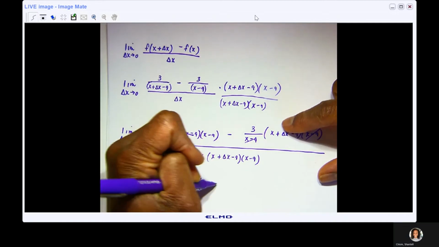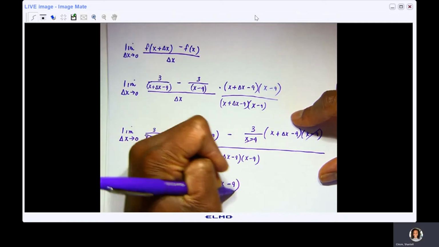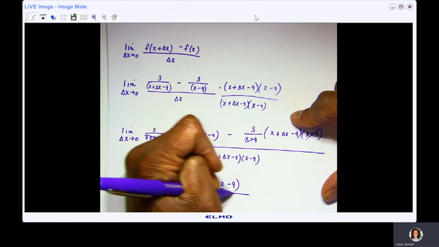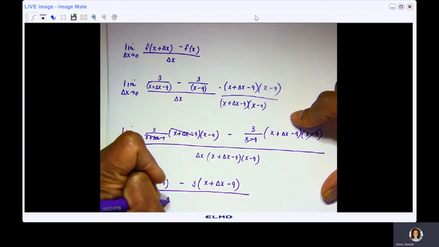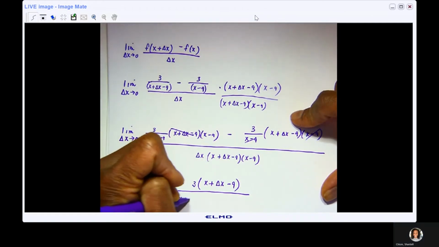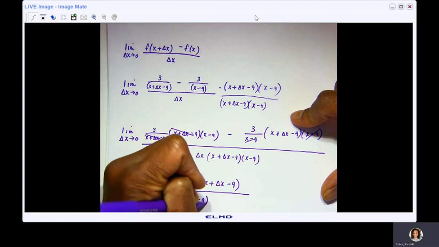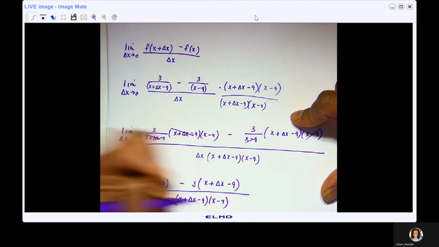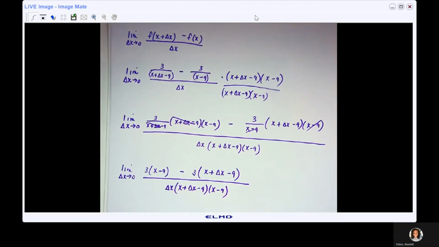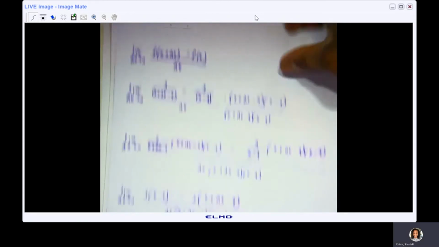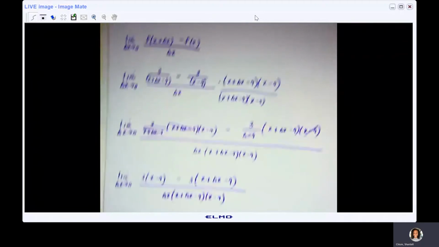And then minus 9. And that's all delta x minus 9. Okay? So yeah. All right, so we got to keep on simplifying.